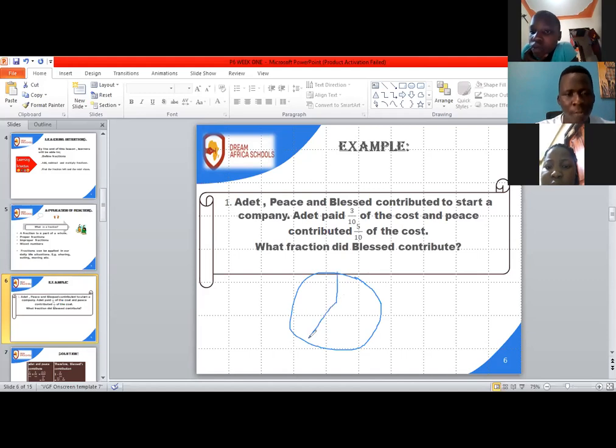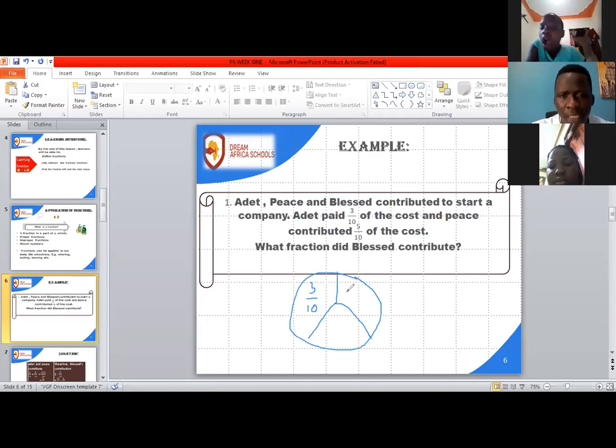If we try to interpret that information and put it in a circle like that, you realize that we'll divide this circle into 3 parts. Adet contributes 3 parts out of the 10 parts given there. You see that? 3 out of 10, that is for Adet.